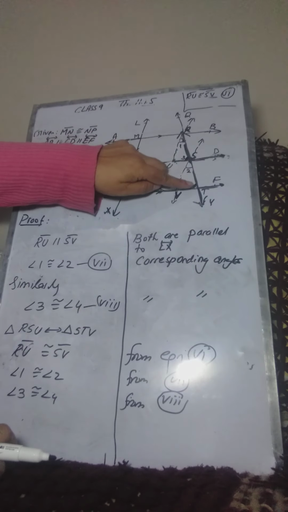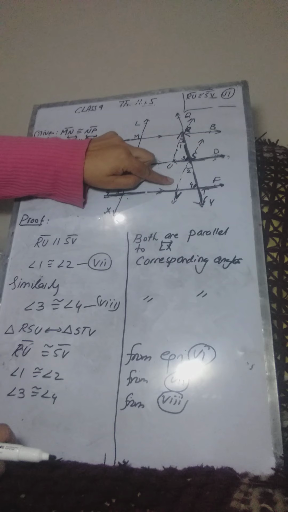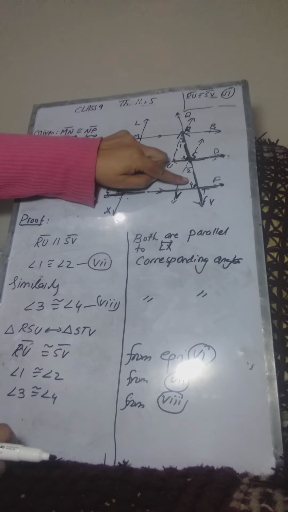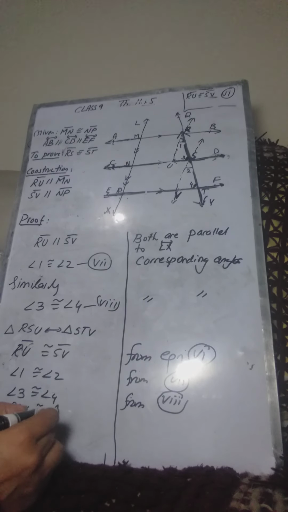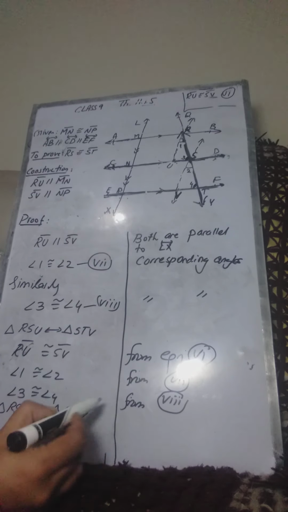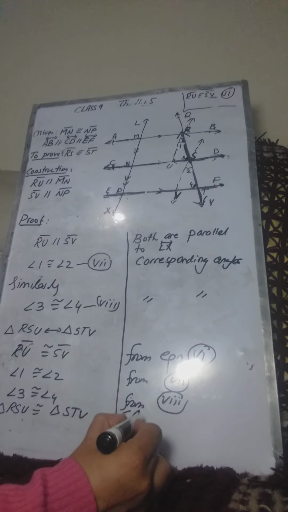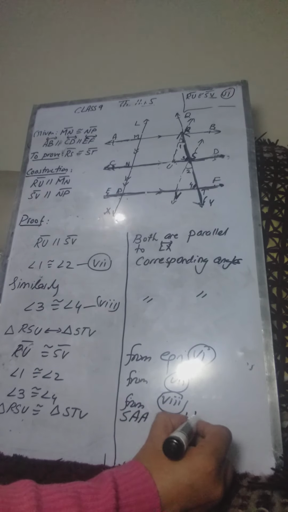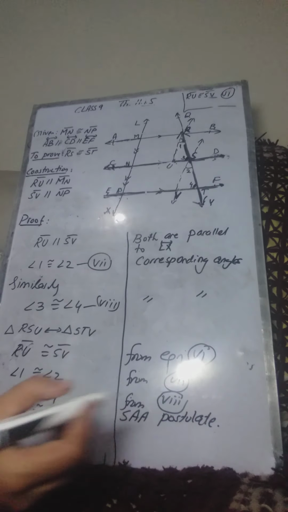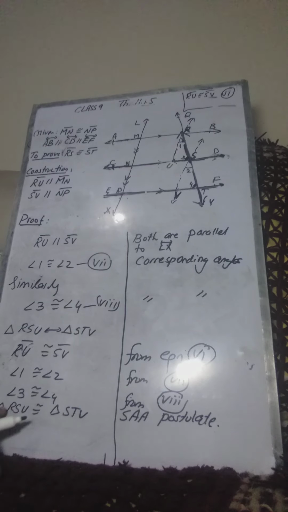We are taking the side SV, which is not the included side of these two angles. So from SAA postulate, triangle RSU is congruent to triangle STV.